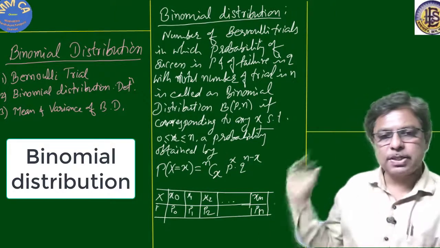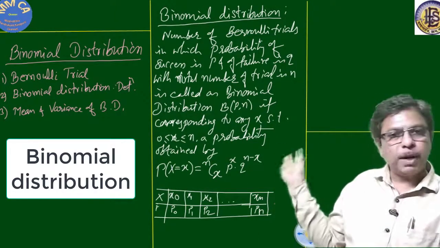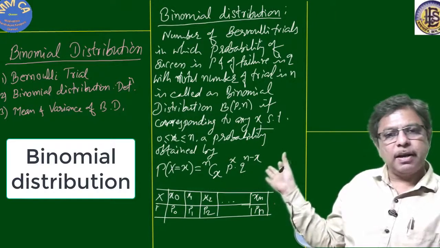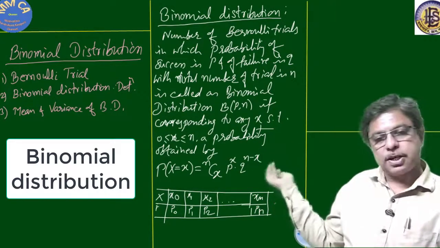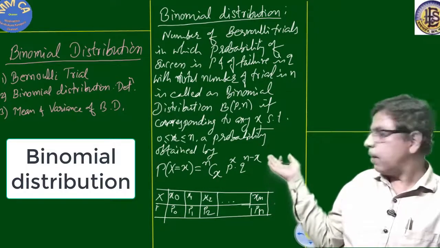This table is called the total binomial distribution, and each corresponding probability value can be calculated by this formula.